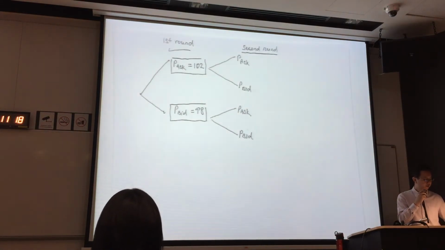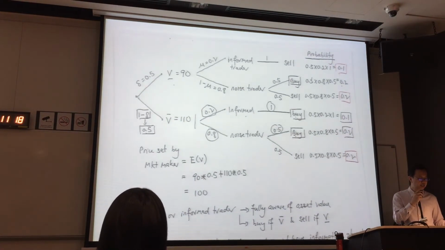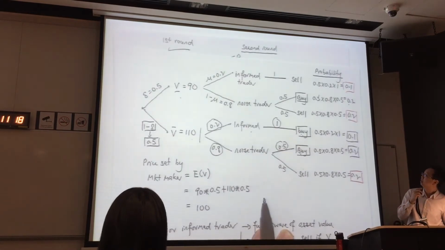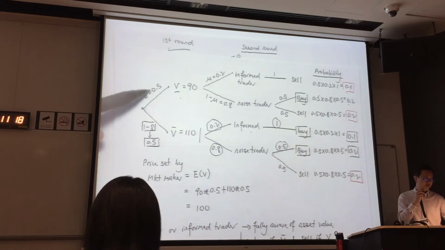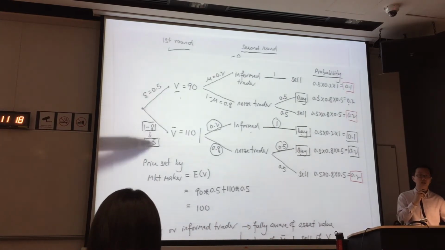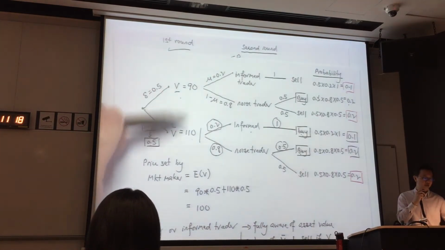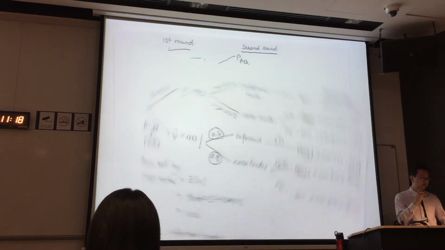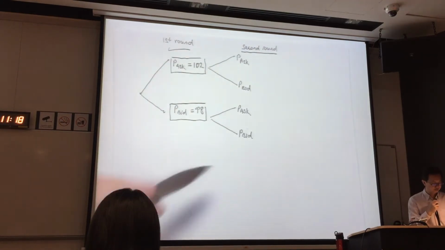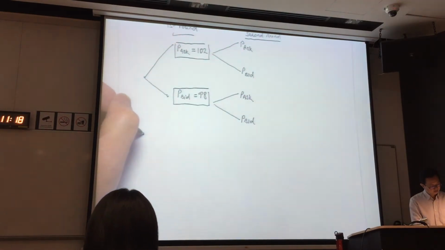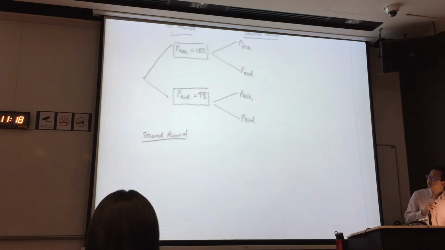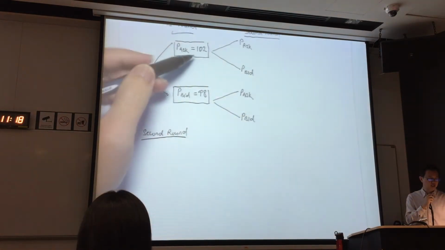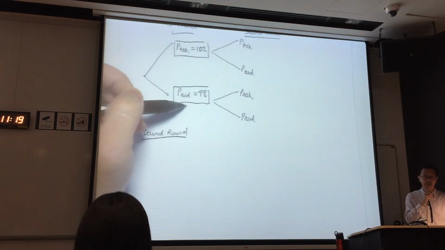So first round, this is our tree diagram. This is the first round tree diagram. It started with 50% each, where the value is 90 or 110. So what happened in the second round? Second round, it will depend on whether the first round is done at bid or ask.